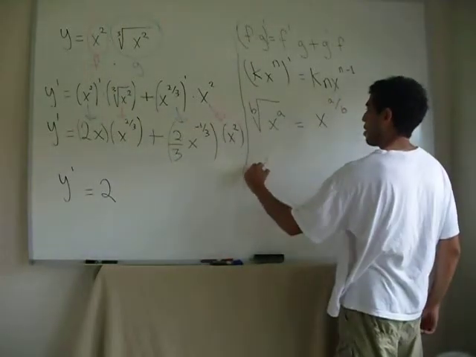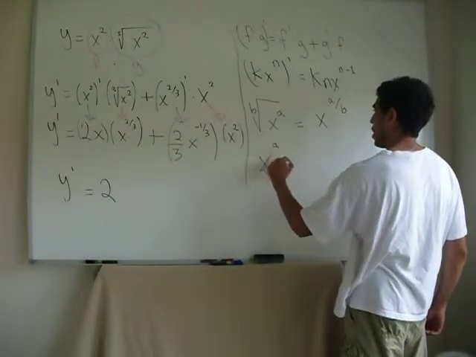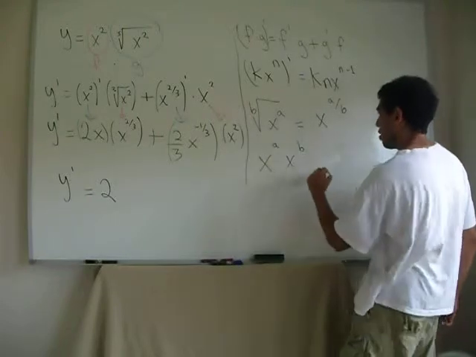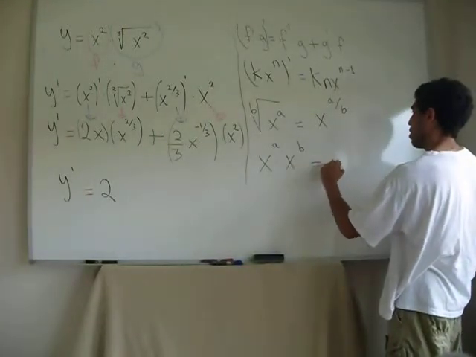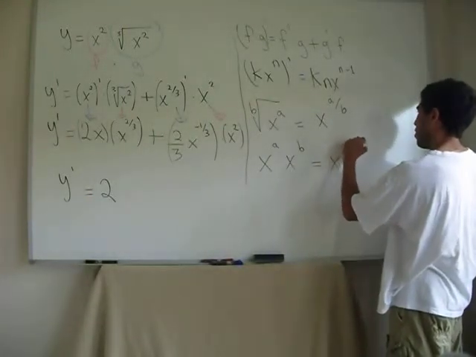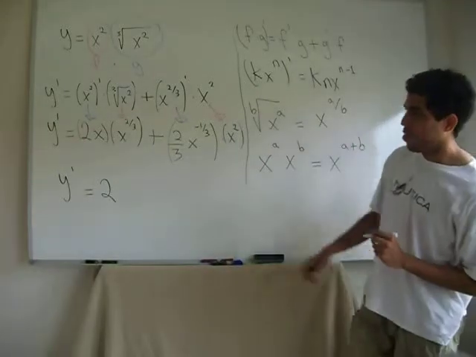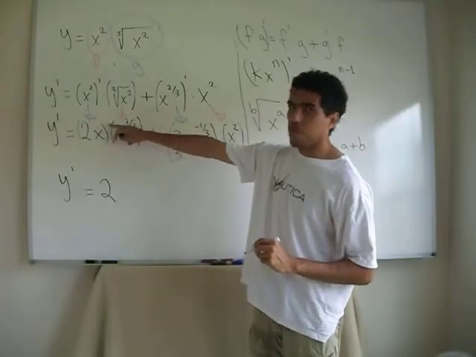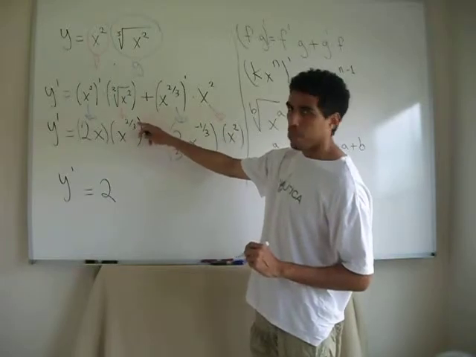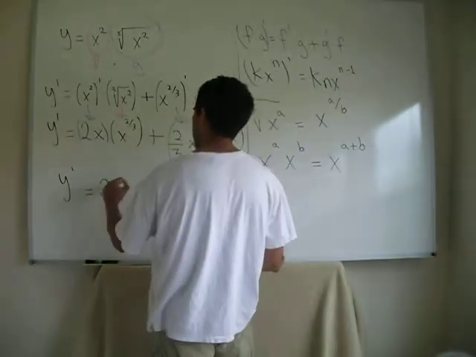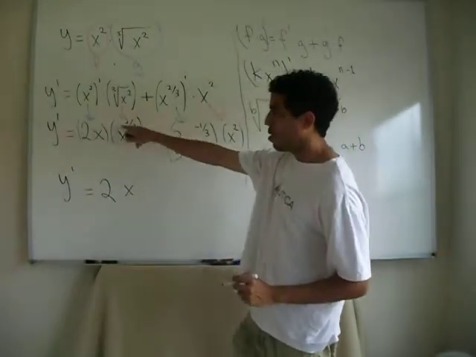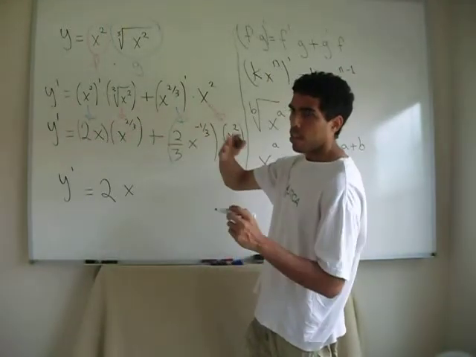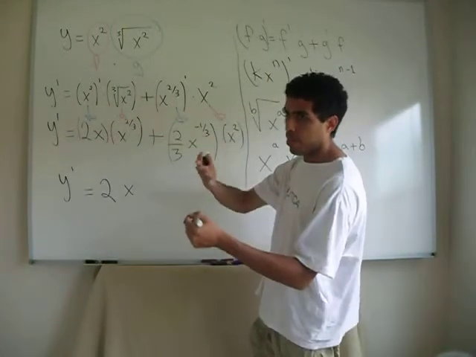When we have, say, x to the a times x to the b, this is equal to x to the a plus b, okay? So in this case, we have 2x powered to 1 and x powered to 2/3. So we have 2x, 1 plus 2/3 is 3/3 plus 2/3. So it's 5/3.